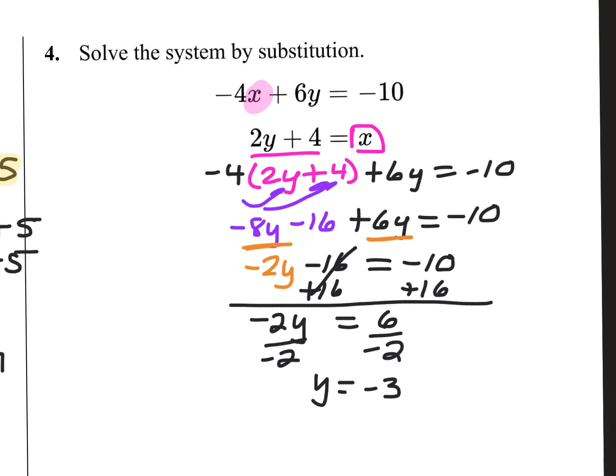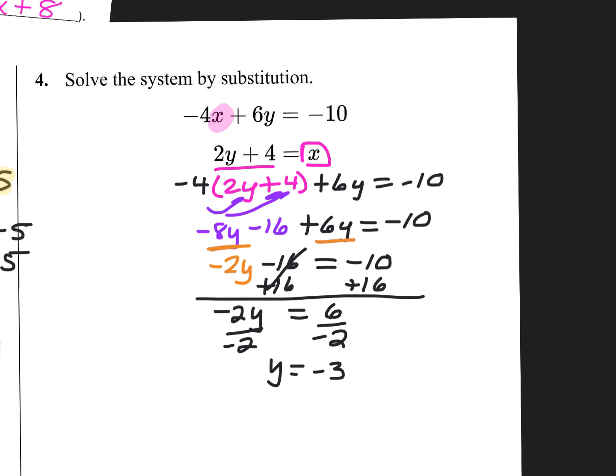So now that I've got that y-coordinate, I need to use my equation that is solved for x. So I need to use 2y plus 4 equals x. I'm going to write everything exactly the same, except I'm going to replace the y with a negative 3.